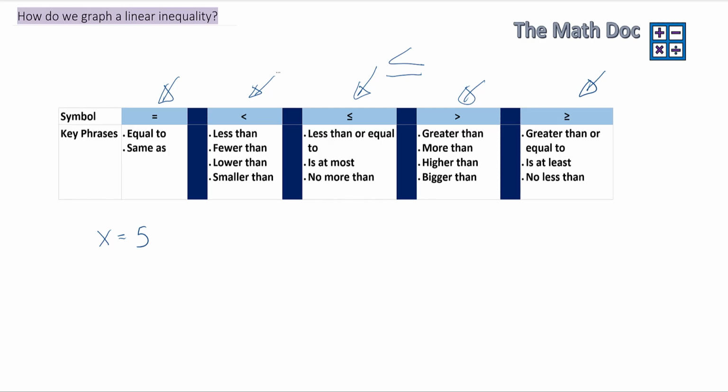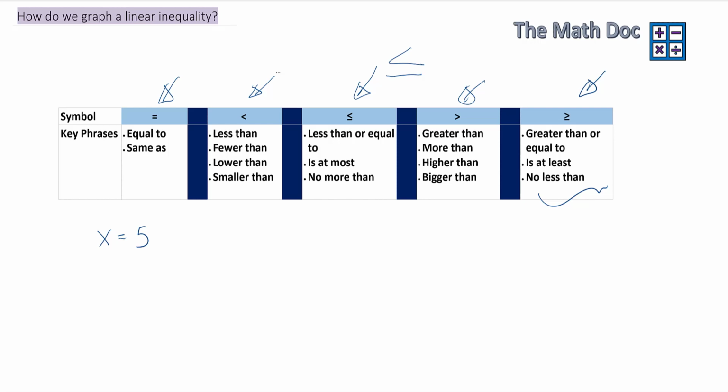So we also have the phrases is at least, all right? If something weighs at least 5 pounds, or something is no less than 5 inches long. So these are the phrases that define the greater than or equal to symbol.